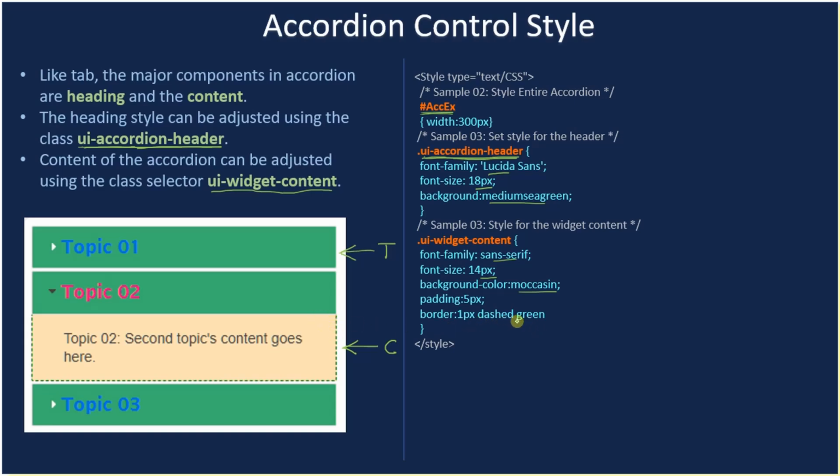Then border 1 pixel dashed green, and you can see that. So likewise, you can adjust part of the accordion control. For that, you have to visit the theme and see how the rules are defined in the theme file.